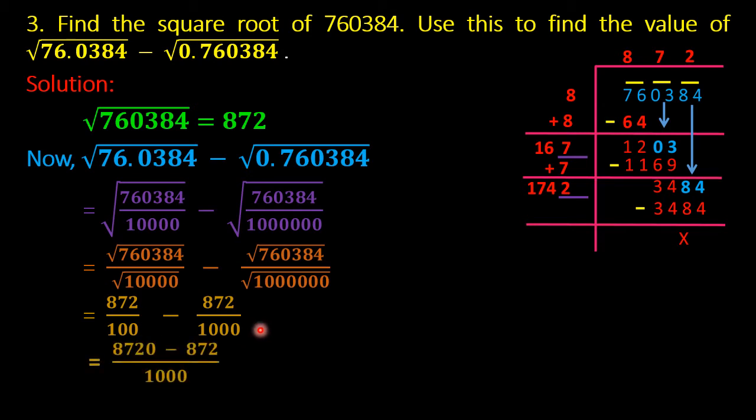Then the LCM will be 1000 only. And then here we multiply by 10. So it will be 8720 minus 872. After subtraction, we will get 7848 divided by 1000. Then after dividing, we will get 7.848. This is the answer for the second part of question number 3.